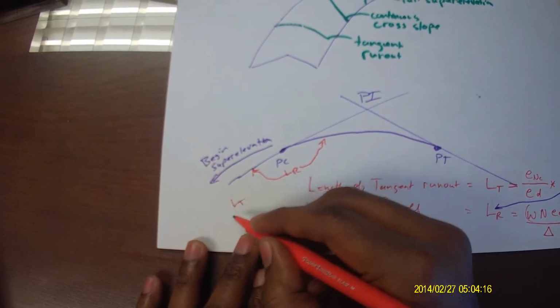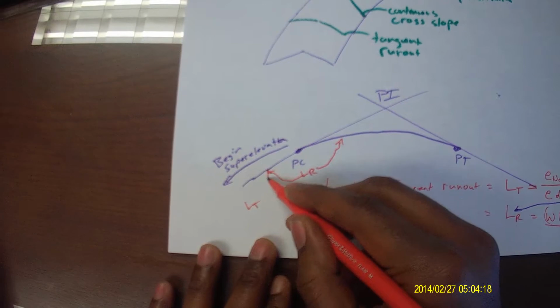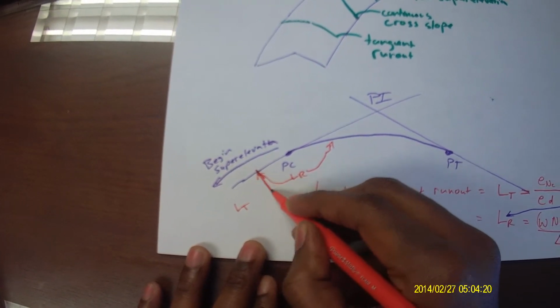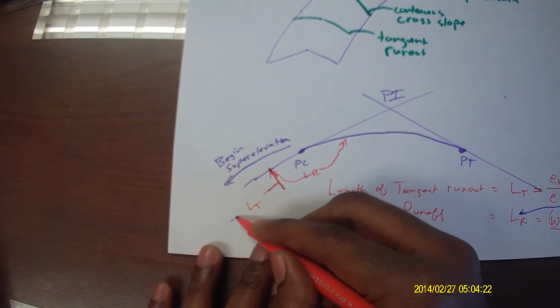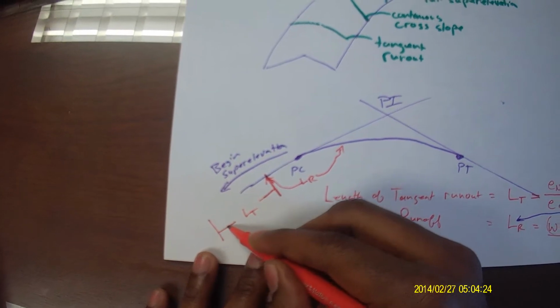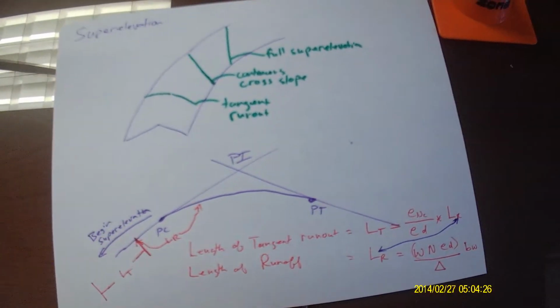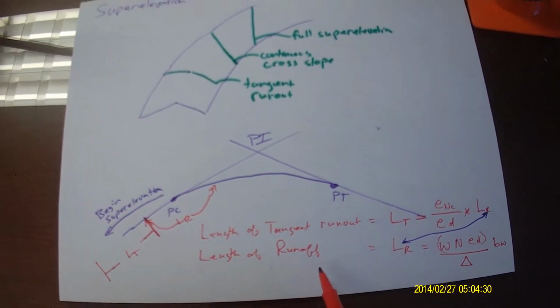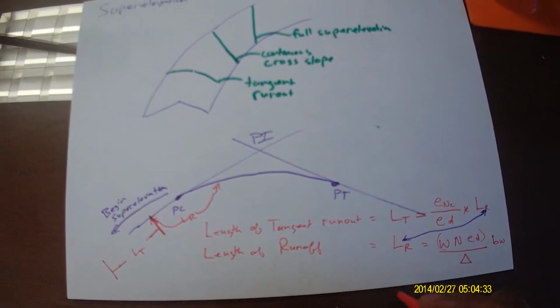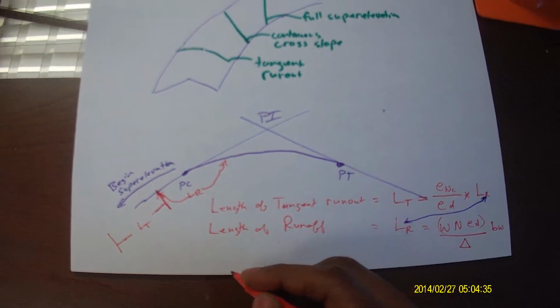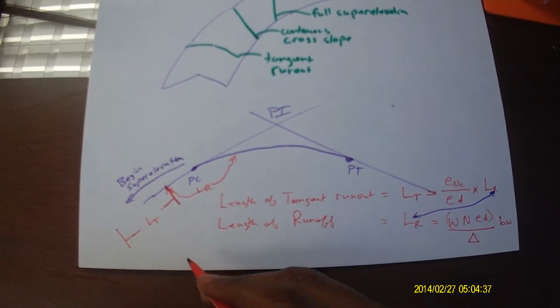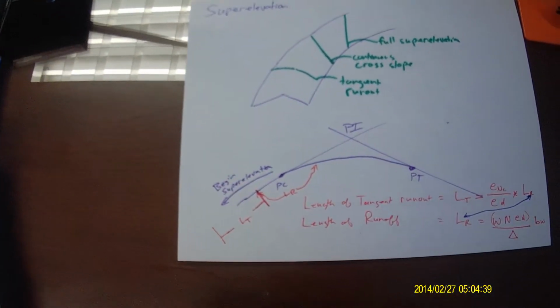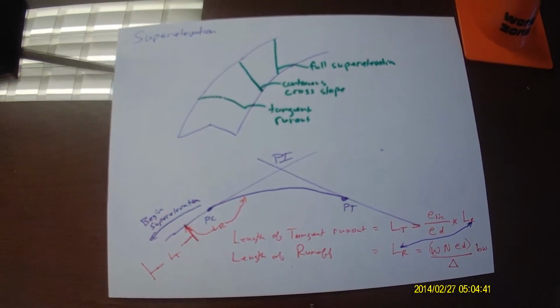L sub t starts a certain distance before L sub R begins. So first you have your length of tangent runout, then you have your length of runoff, and those combined lengths is the length required to take a road from a normal cross slope to a super elevation.